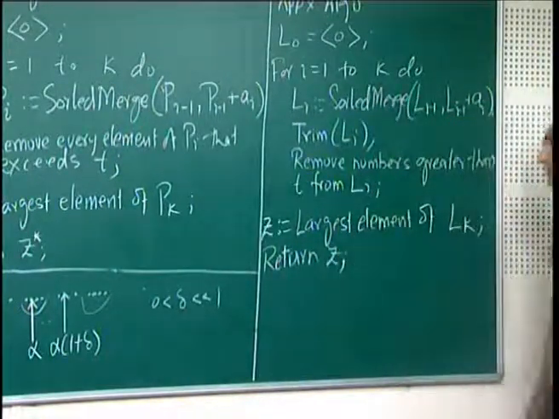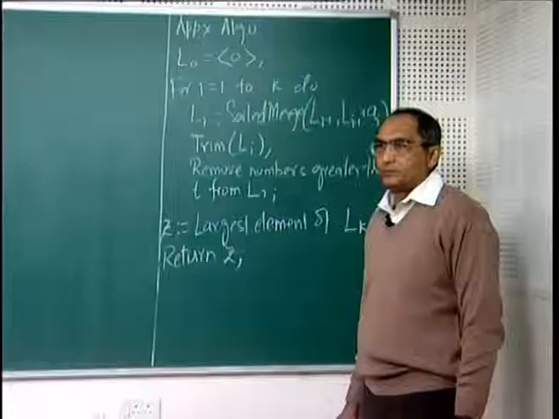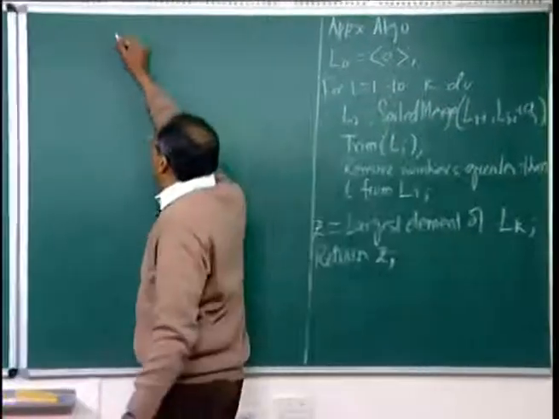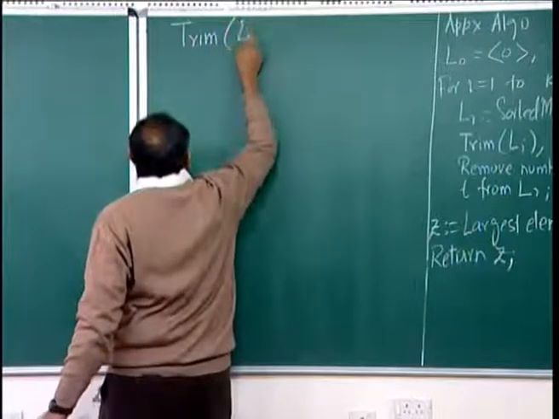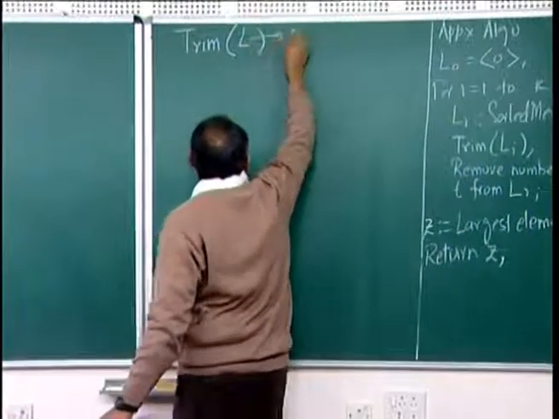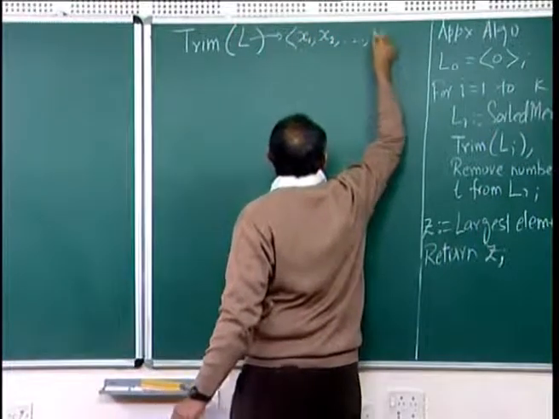So, this is it. This is the only modification we have made in the algorithm. So, now let us write down what trim does. Trim of a list L, let us say this list is x1, x2, xp.